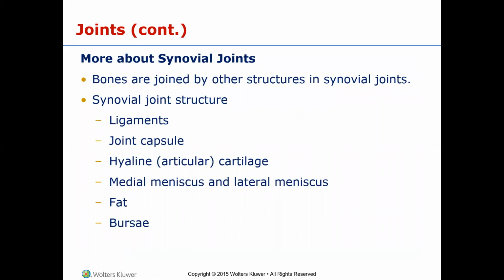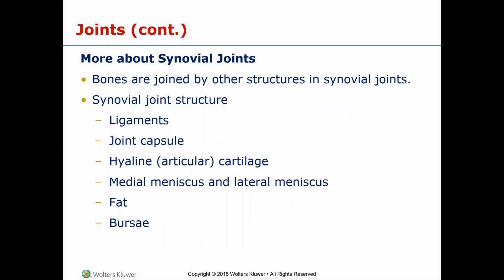So when we look at those synovial joints, they have ligaments, they have a joint capsule. The cartilage is considered to be hyaline cartilage. They have meniscus, which is made out of cartilage as well, and you have probably heard of those in your knee.